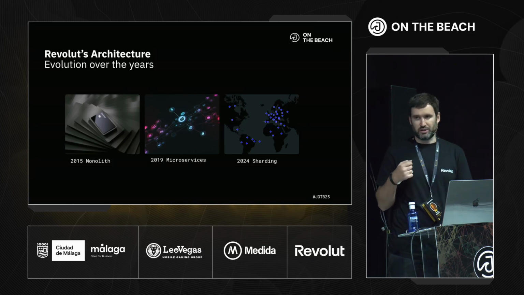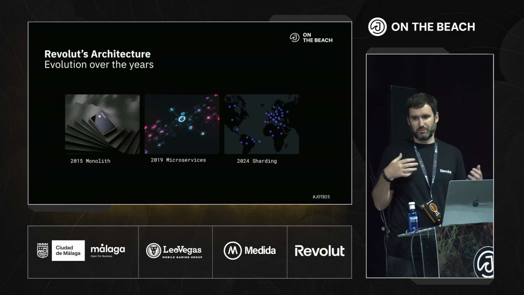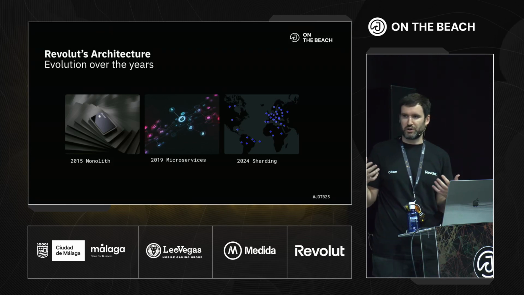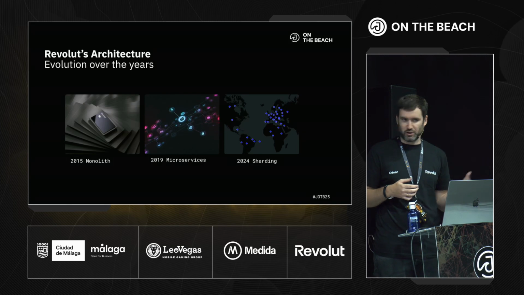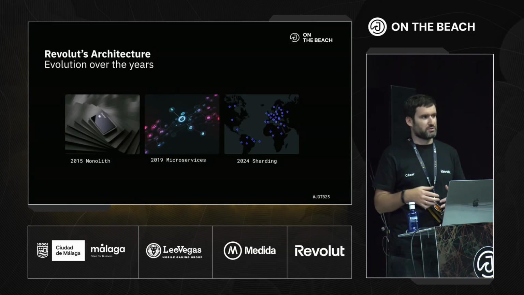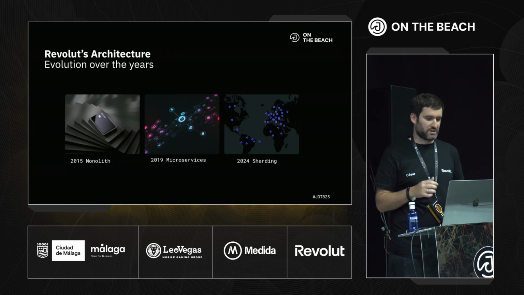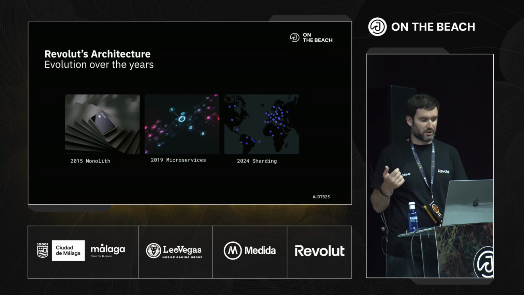And then the last push, which happened last year, is that we have started sharding our components, because historically, Revolut has been operating from a single data center in Google Cloud in London, and because of a mix of scalability issues and regulatory concerns, we needed to start distributing Revolut across the world. So that has been the last push that we have been getting.